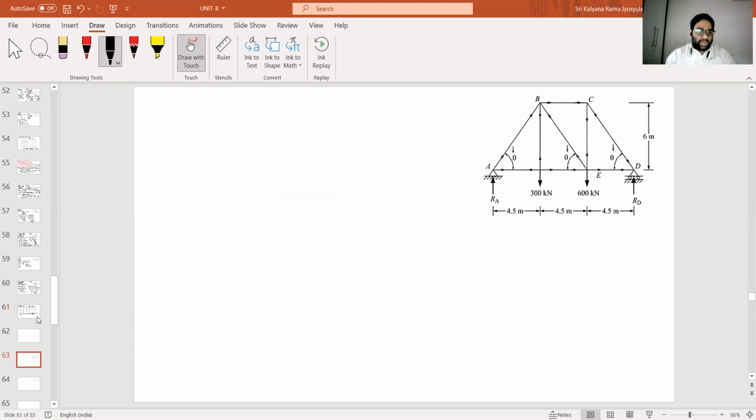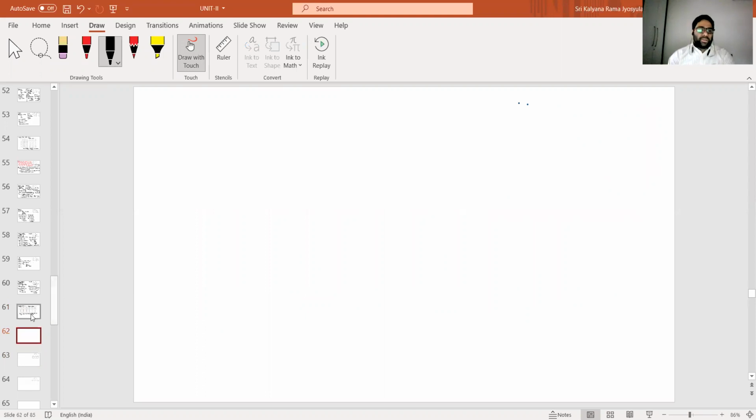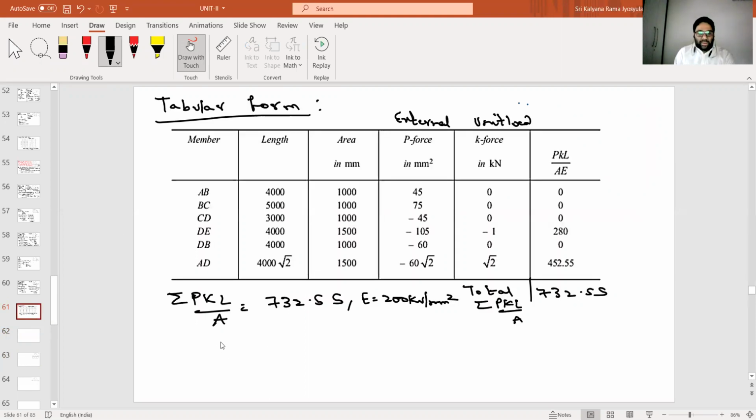Deflection at joint D. So delta D is equal to 1 by E into sigma PKL by A, that is equal to 1 by 200 into 732.55.